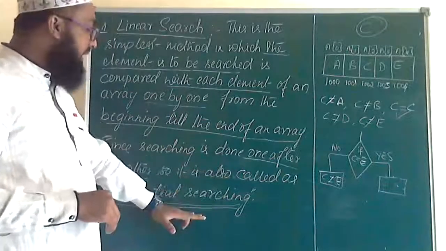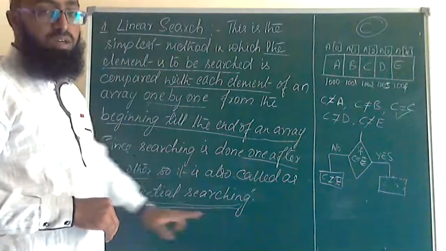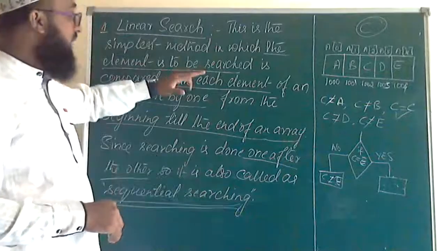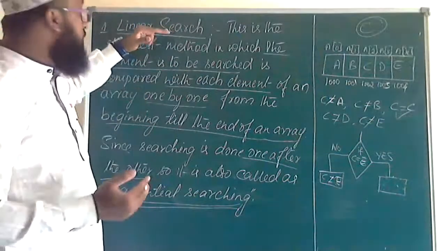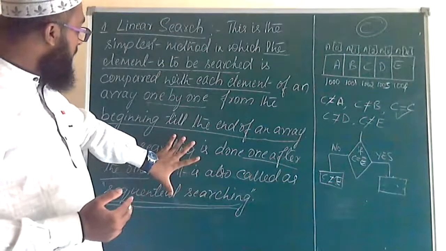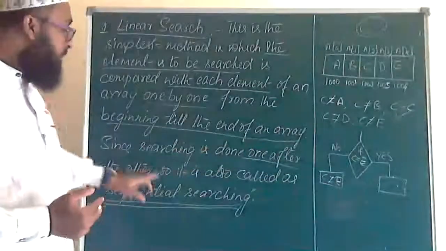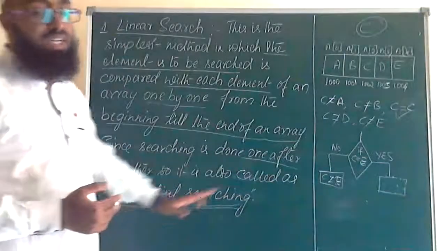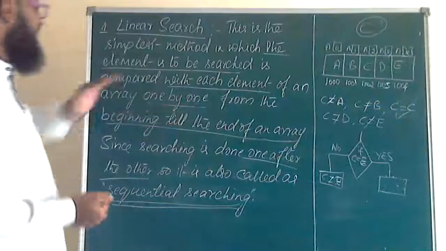The question may be twisted and asked as: define sequential searching, or write about sequential searching. Then you have to write only about linear search. And you may be asked why linear search is also called sequential searching. Then you have to write only this point: since searching is done one after the other, linear searching is also called sequential searching. Okay, this is about the linear search.